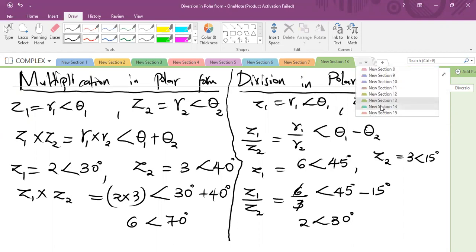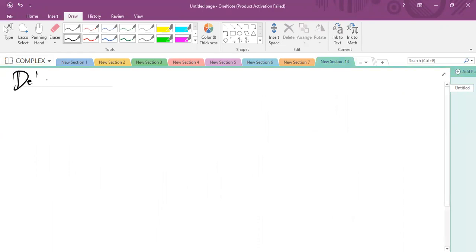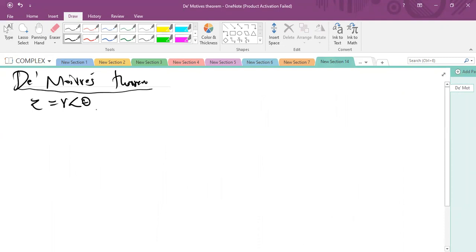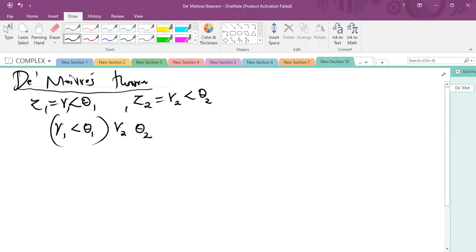Now, the next, let's look at how to get powers of complex numbers. This will take us to De Moivre's theorem. If you have a complex number Z1 equal to R1 theta 1 and Z2 equal to R2 theta 2, we've said that multiplying these two gives R1 R2 and then theta 1 plus theta 2.